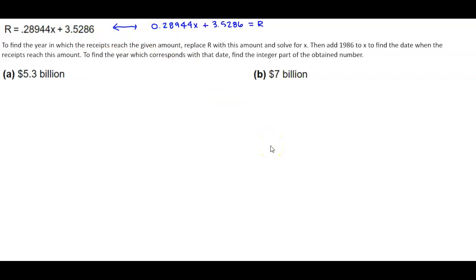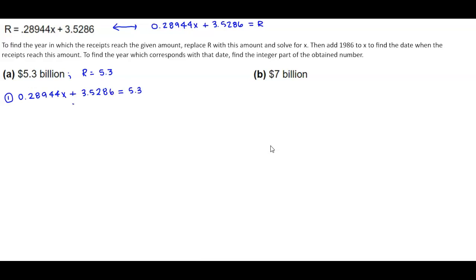So what we're going to do is, in part A, it's telling us that R is equal to 5.3. So we're going to use the equation 0.28944x plus 3.5286, and we're going to set that equal to R. In this case, it's 5.3.